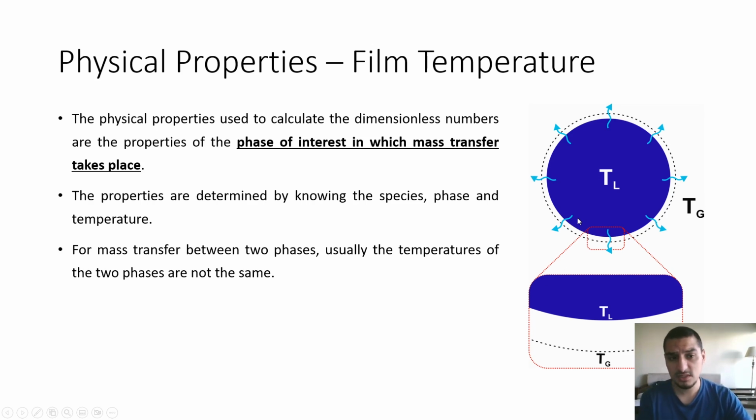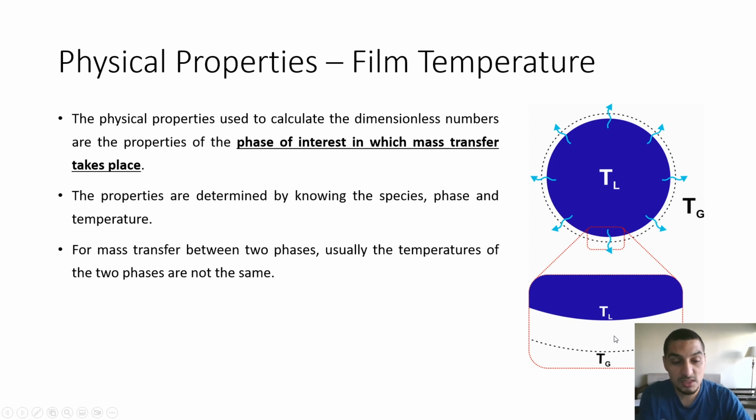Beyond this film, mass transfer is almost done, and you have homogeneous concentration in the gas phase and homogeneous concentration in the liquid phase. That's why almost all mass transfer takes place in only this thin film. So the properties of the gas that you need to use for the calculation of the mass transfer coefficient will be the properties of the gas in this film, according to this theory.